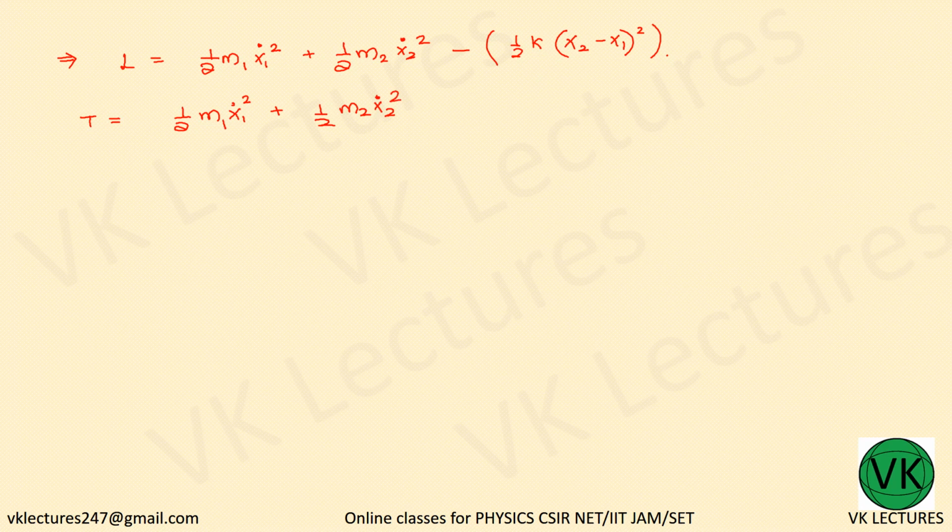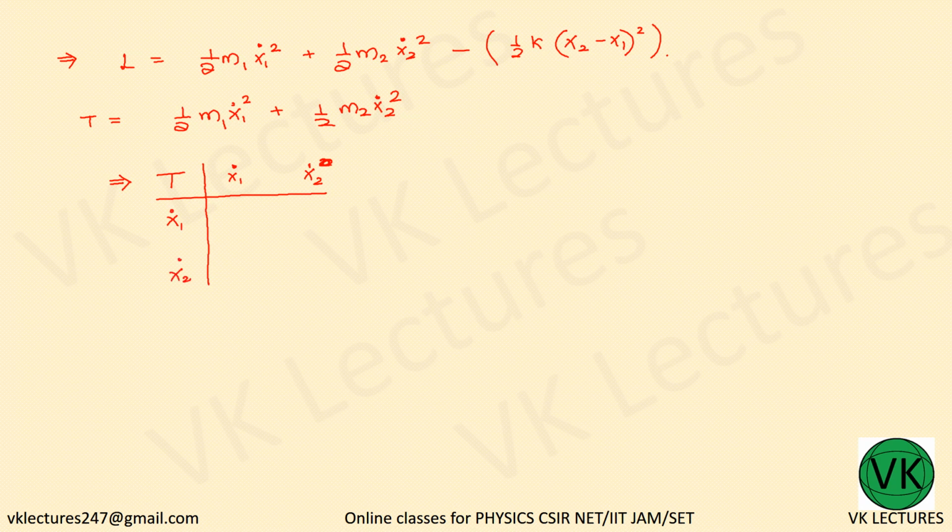Now let us consider writing the matrix. Here we have x1 dot, x2 dot, and here x1 dot, x2 dot.